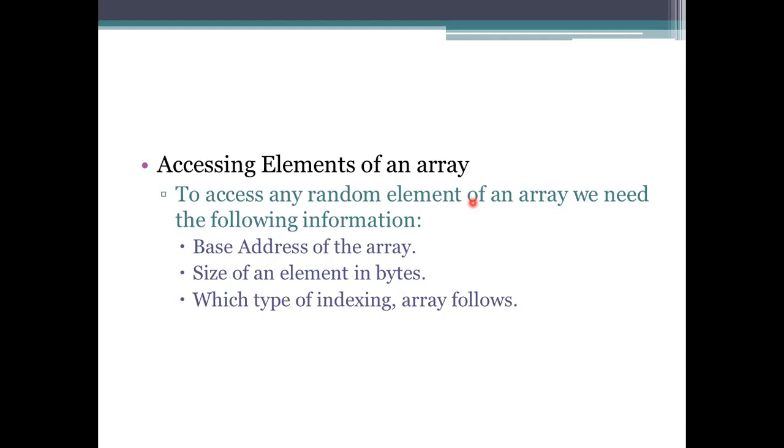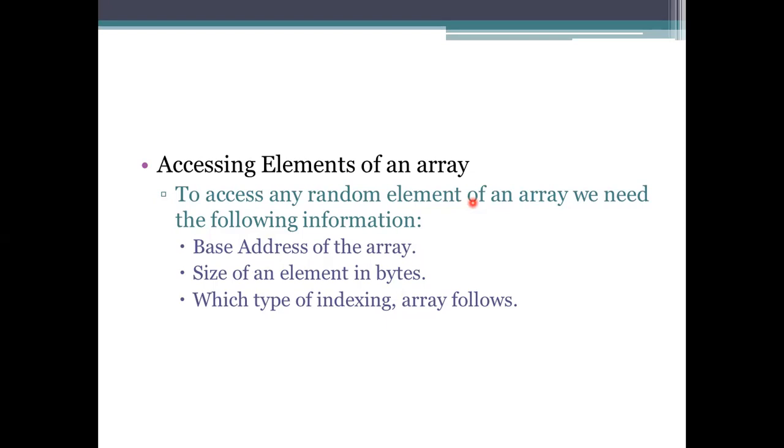Coming to the accessing of that, we should need this information. Here we are writing the program for the processing, and we are specifying that the element which is stored at that position has to be accessed. For that, we need a base address where it has started, the first element insertion, and the size of each element.